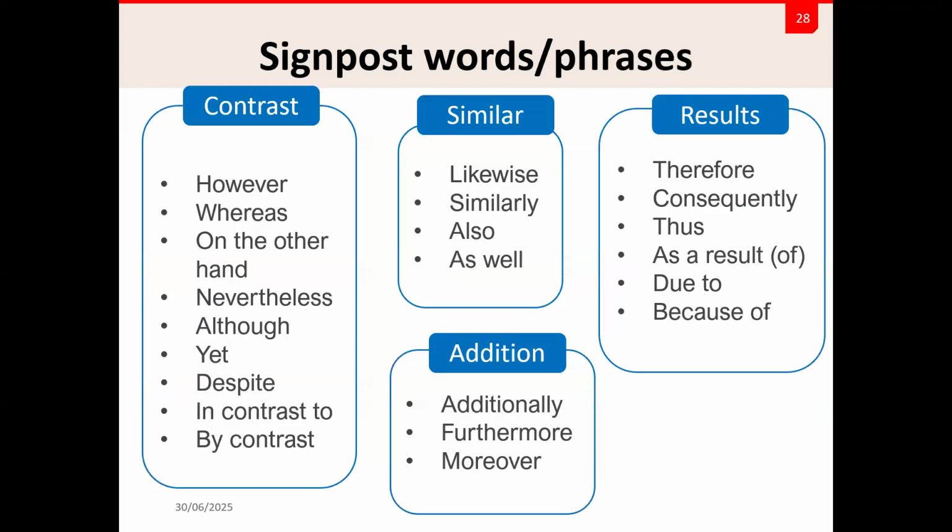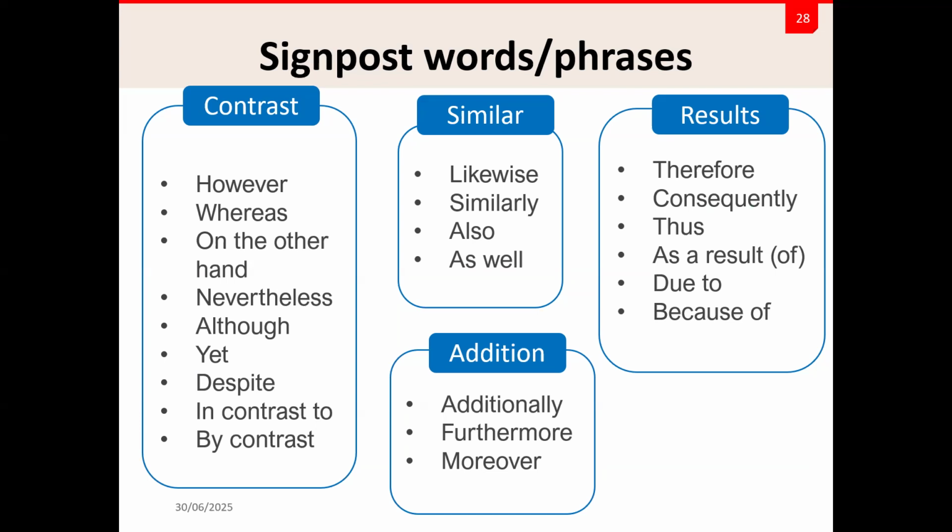And then you could use some signpost words and phrases. For example, if you want to contrast or compare things, you could use however, whereas, on the other hand, nevertheless, although, yet, despite, in contrast to, by contrast. If you compare similarity, you could use likewise, similarly, also, as well.